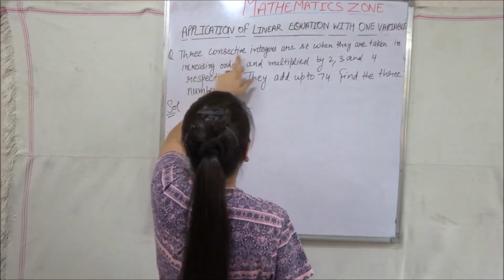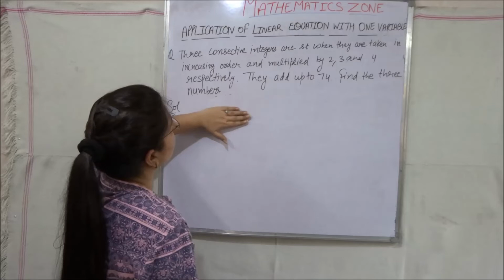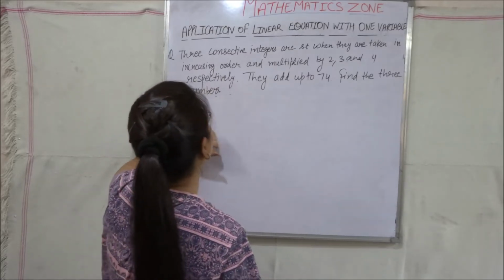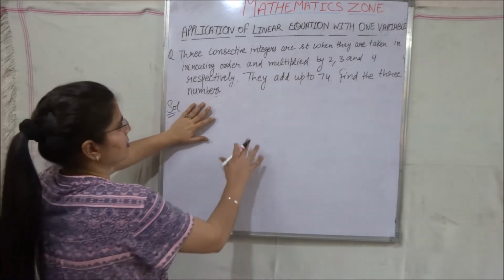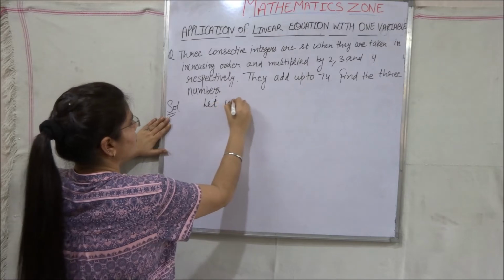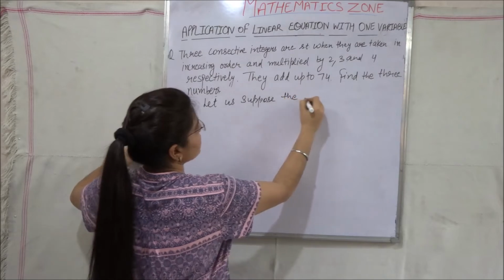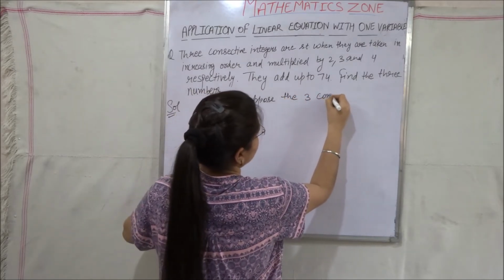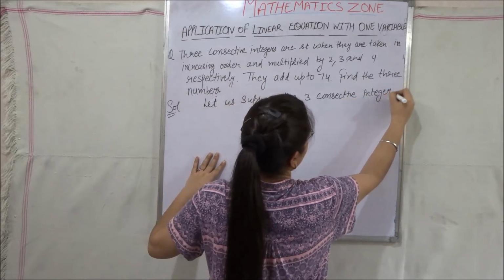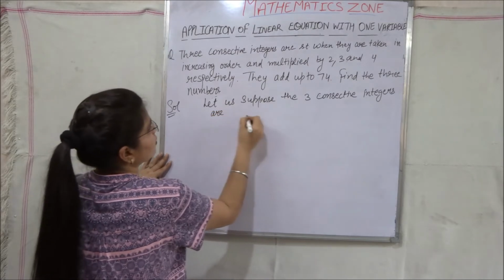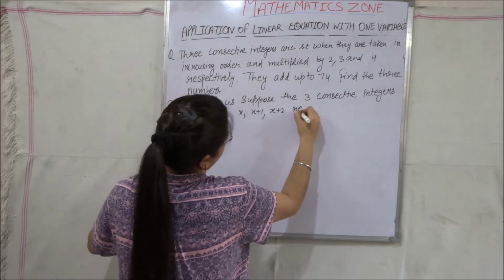Now, the three consecutive integers are such that when they are taken in increasing order and multiplied by 2, 3 and 4 respectively, they add up to 74. Find the three numbers. Let us suppose the three consecutive integers are x, x plus 1 and x plus 2 respectively.